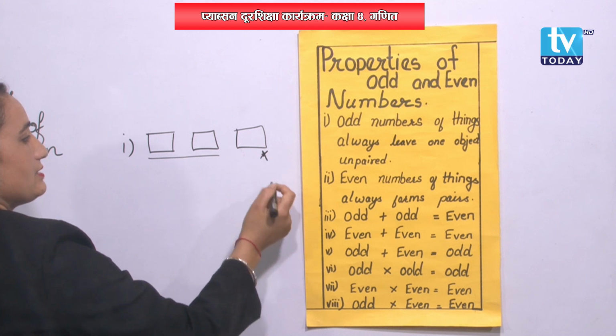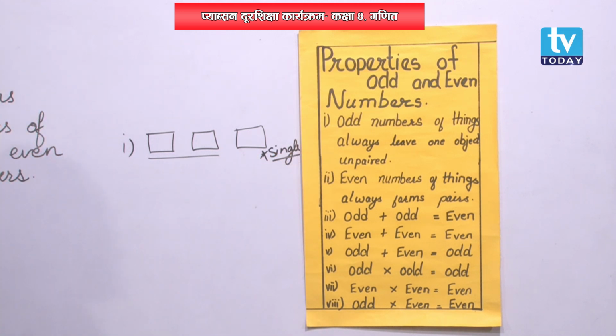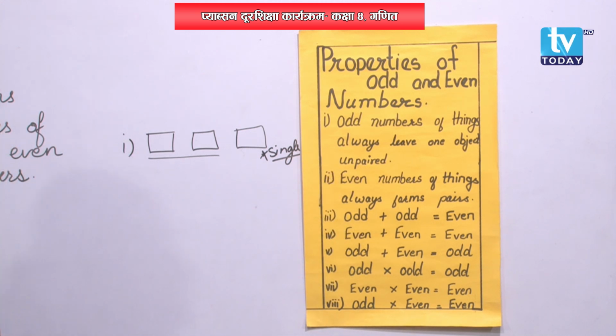So we call it odd number of things always leave one object unpaired. To prove this, these 2 always become a pair and this one always remains single. That means it leaves one object unpaired.